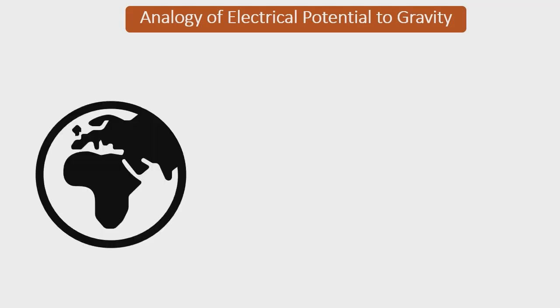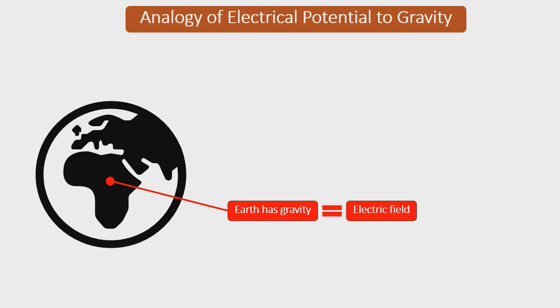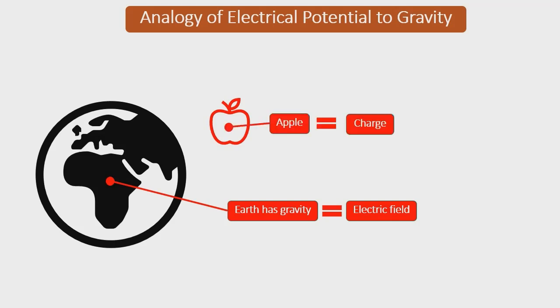So our planet Earth has a gravity because it has a mass, and for example, it will be attracting a specific type of object, so it will be called a gravitational attraction between the Earth's gravity and the object. So supposing that our Earth's gravity this time will be the electric field, and so the charge here will be the apple, or the apple will be the charge.